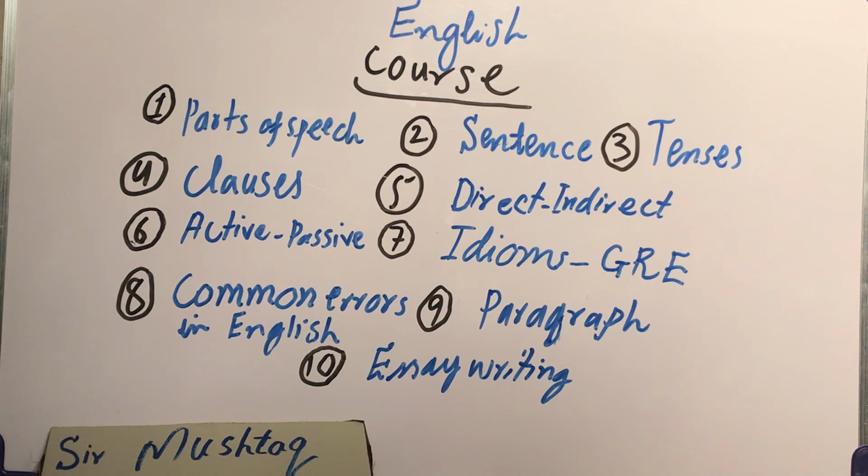Idioms are also the most important and significant part of English language, and I believe that we must at least know certain famous idioms which are used in English language. Then the GRE, which is basically a vocabulary builder, and that will be provided to you.